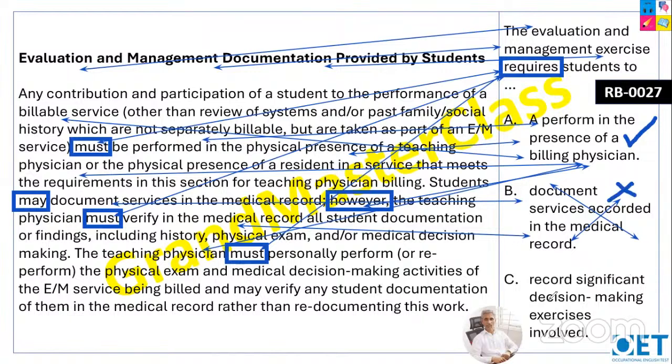Here record significant students, no physician. So here physician plus student. Here only student. But here, performed in the presence of a teaching physician. Physician is a must. So everywhere physician is a must. Only physician is only here. For that one, why reading all this nonsense?